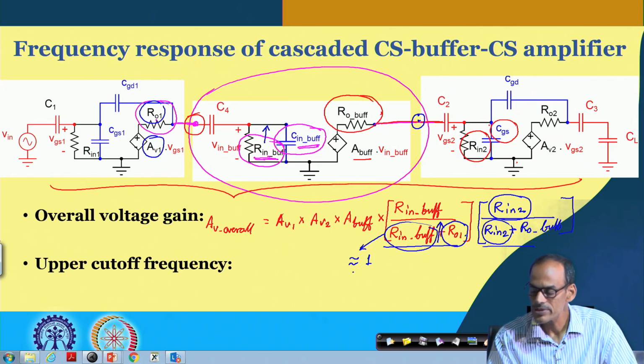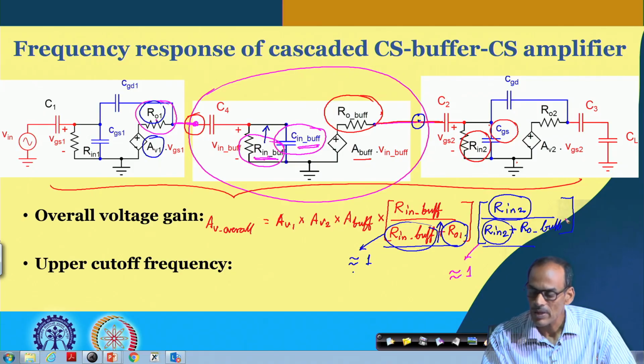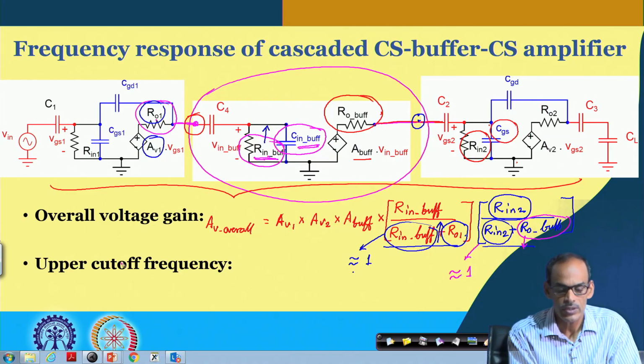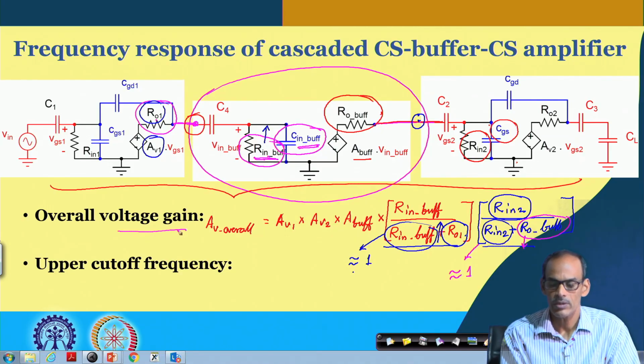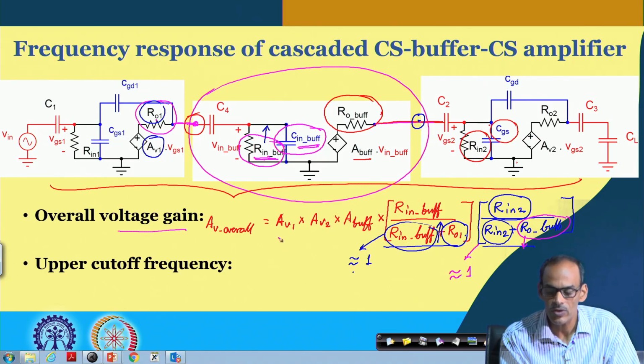On the other hand, for the second factor, if I want to make it approximately 1, I can make this part as small as possible. Okay. So, if I do that, in the gain of the entire cascade circuit, we are retaining the gain of A V 1, A V 2 and A buffer.